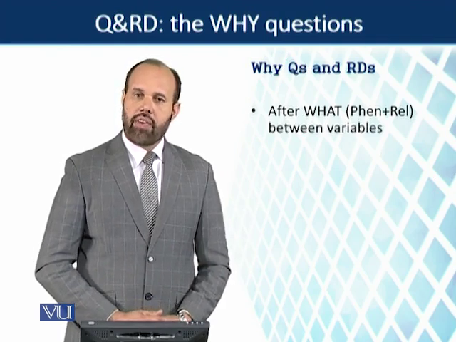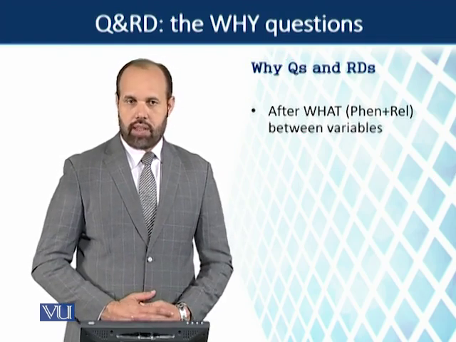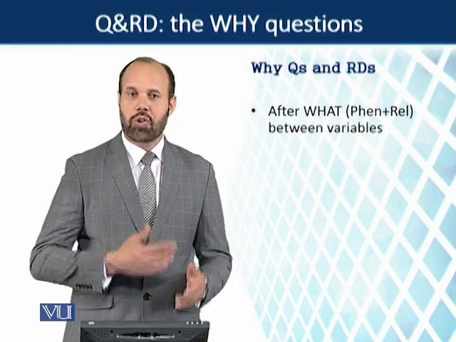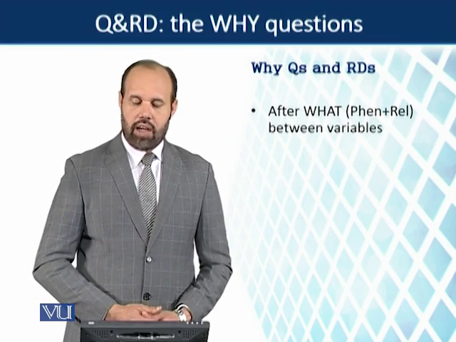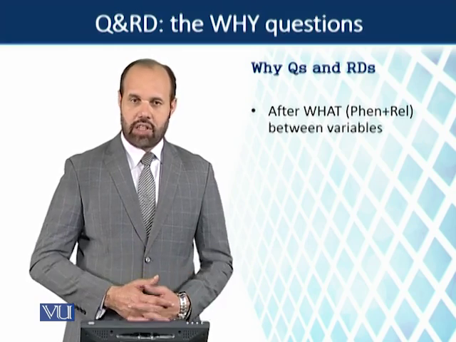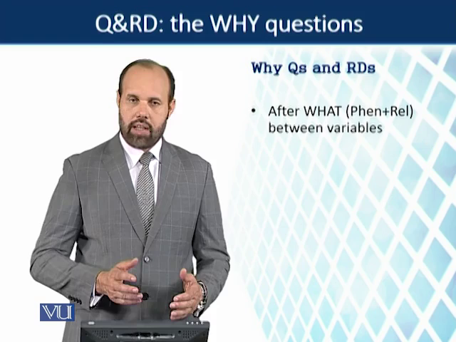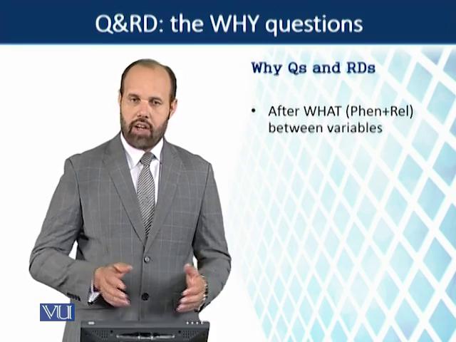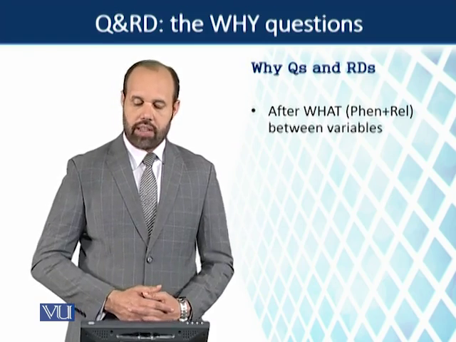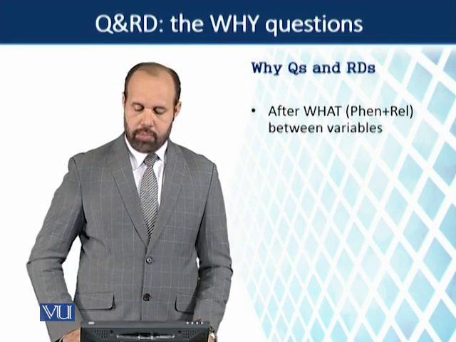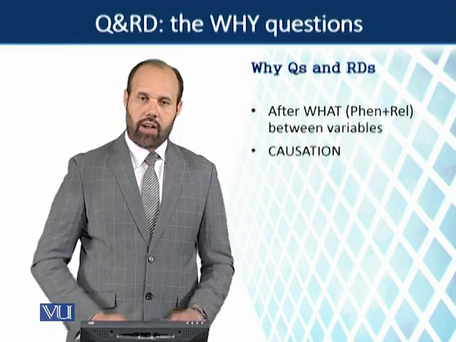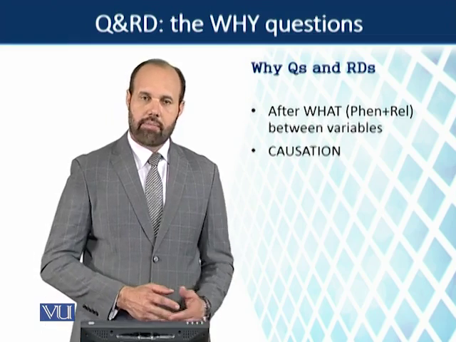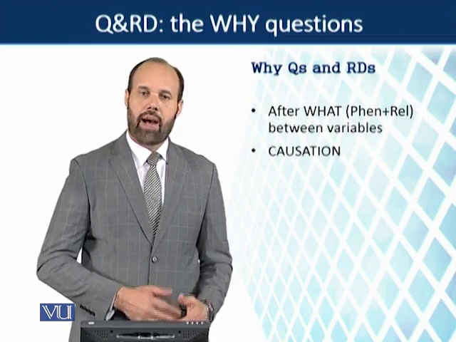Guys, when we are done with what types of questions, the phenomenon is now known to us, we have explored it, and we know what types of relationships could be there between two or more phenomena, right? Then we would also be exploring some causation, that is, why some variables are influenced by others.